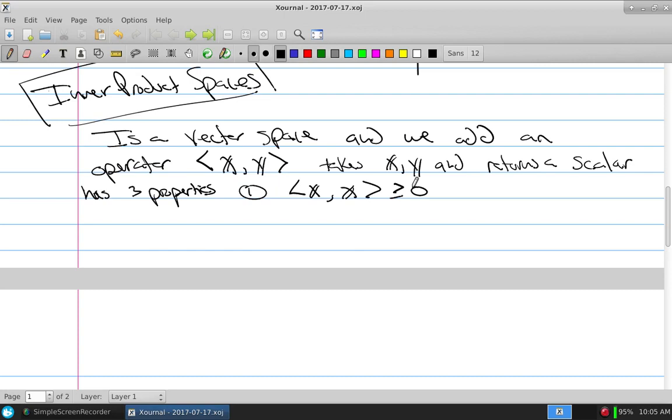That's kind of weird because I physically see it. What should be the only time in a vector space that you would get a length of nothing? What would be the only object in vector space that should return a nothing? 0. The 0 object. And so not only should it return non-negatives, but also only the 0 object has 0 as its inner product.